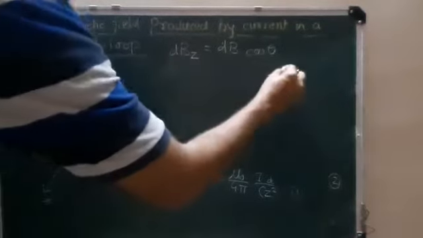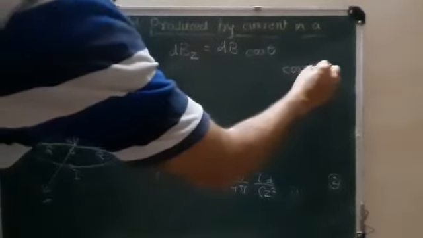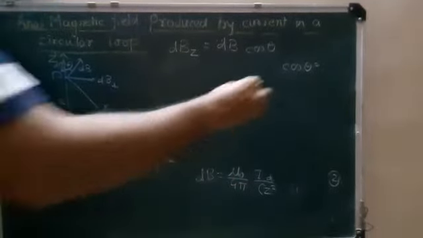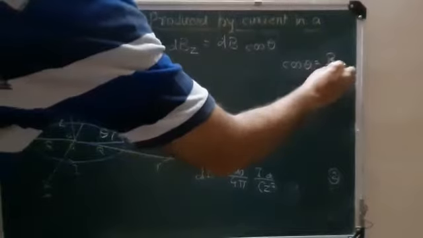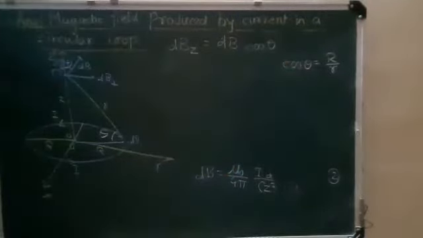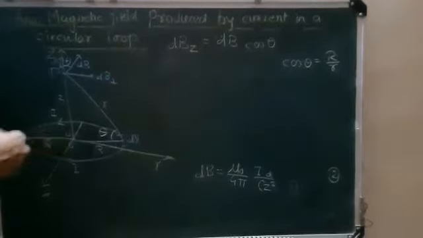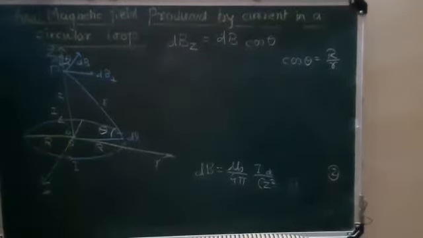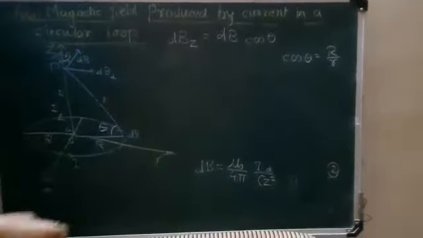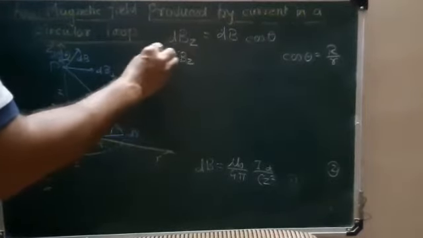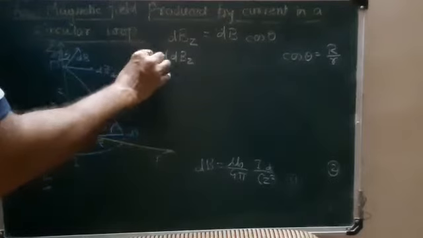Now from this diagram, we determine the value of cos theta. Cos theta will be equal to capital R upon small r. We substitute this value into this equation. Also, to determine the magnetic field of induction over this complete loop, we take the integration of dBz, which will be equal to Bz.